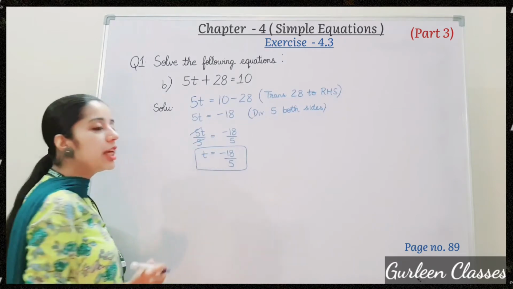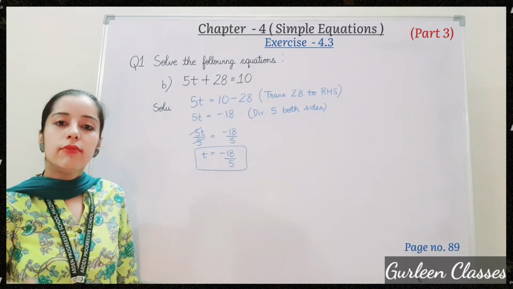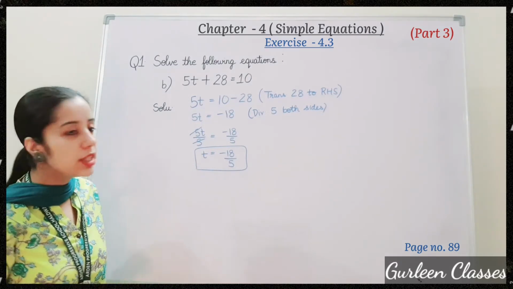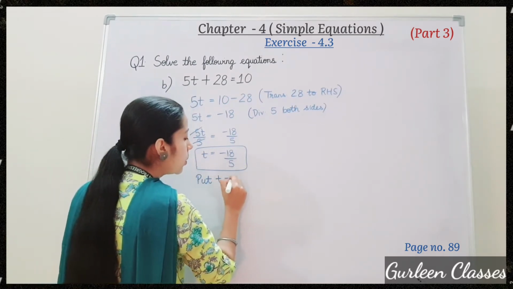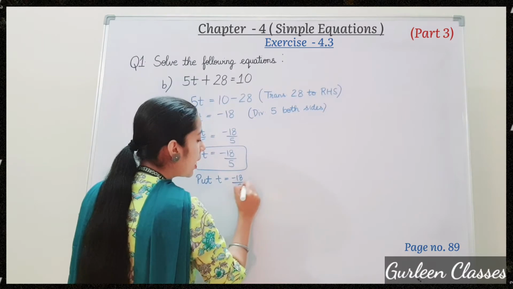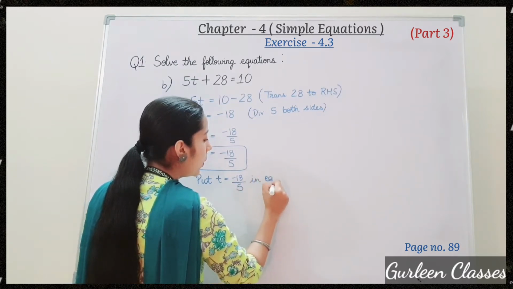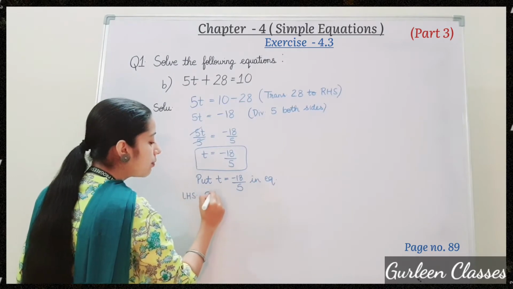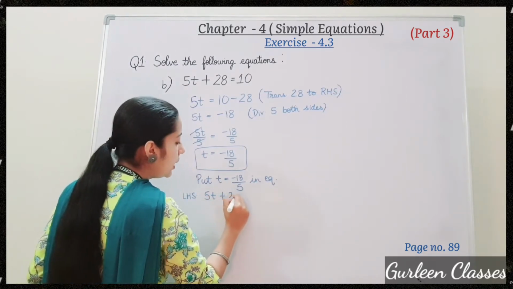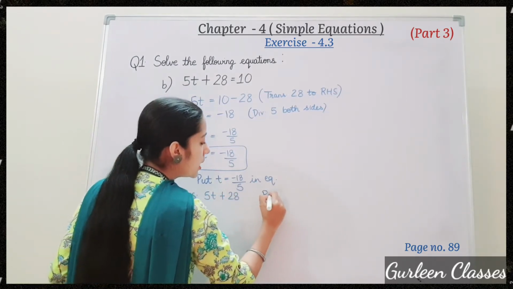Again we have to check whether the answer is correct or not. We will put this value of t in the given equation: put t is equal to minus 18 upon 5 in the equation. What is your LHS? LHS is 5t plus 28. And what is your RHS?